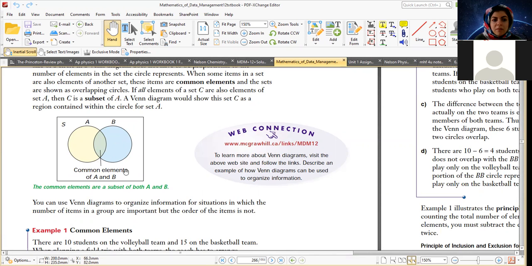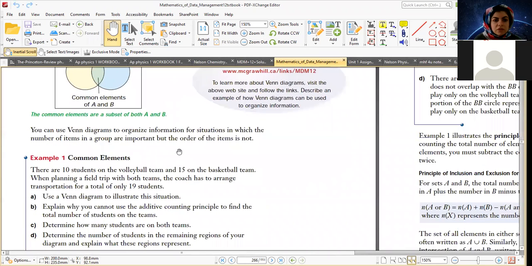So both have their elements and there could be common elements as well. Let's just do the question, you'll see better.